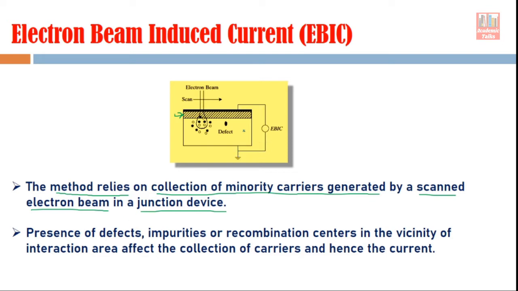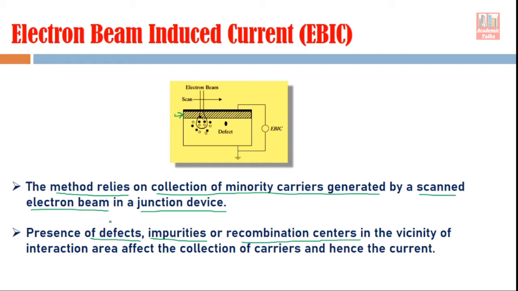This current depends on many parameters. It depends on the carriers which are present here and the number of carriers which are collected by this space charge region. This current is also affected by the presence of defects, impurities or recombination centers.